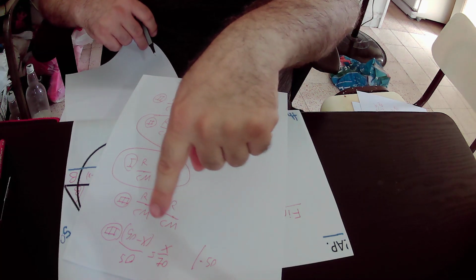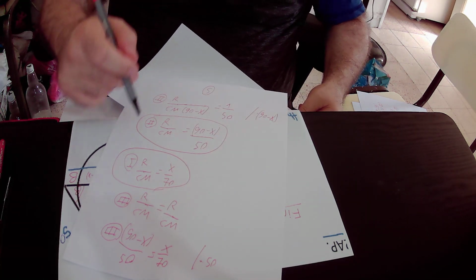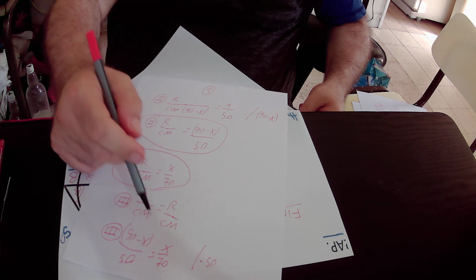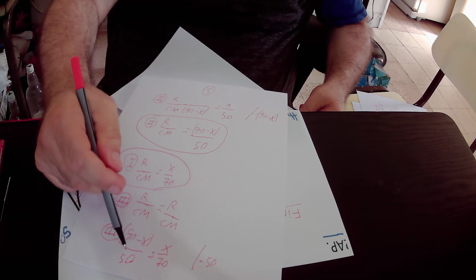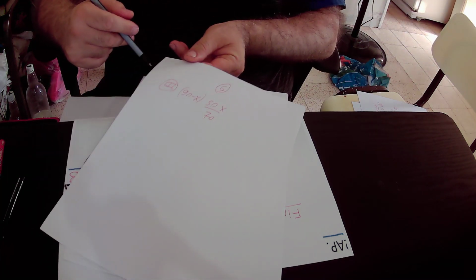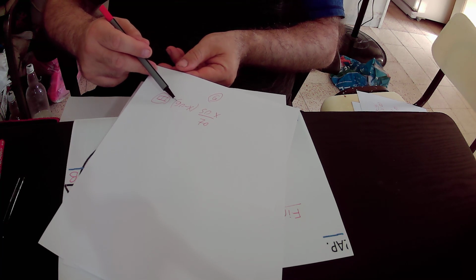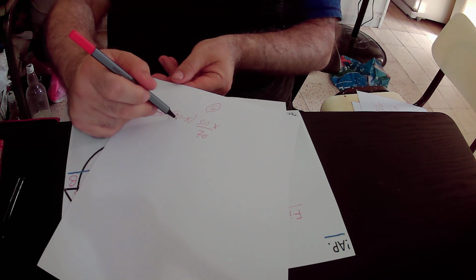So we multiply both sides of the equation by 50. 90 minus x times 50 divided by 50 equals 90 minus 6. 50 is cancelled because 50 over 50 equals 1.